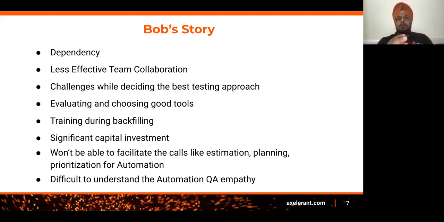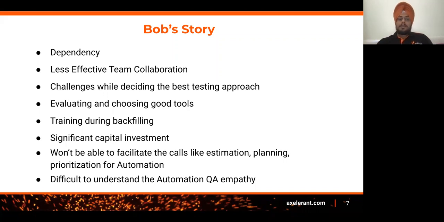Bob will reach out to another person, like a QA team member or the technical architect, to help him understand the client requirements, deal with the client query, and respond to it. So I would say there's a complete dependency on other people. In the further slides, we'll see what benefits Mary would have, but the dependency will definitely be resolved in her case. Here, Bob is facing the dependency on others.